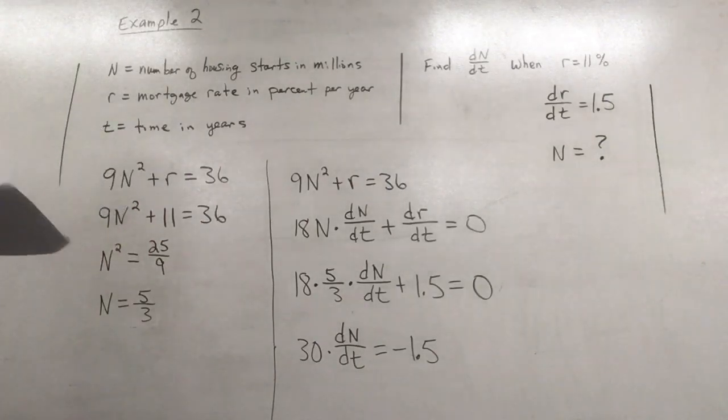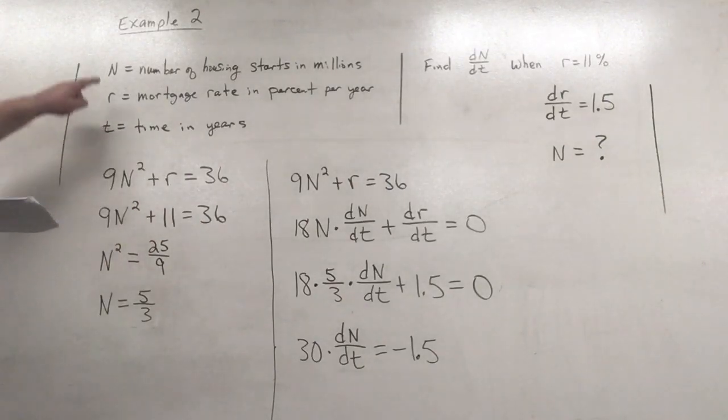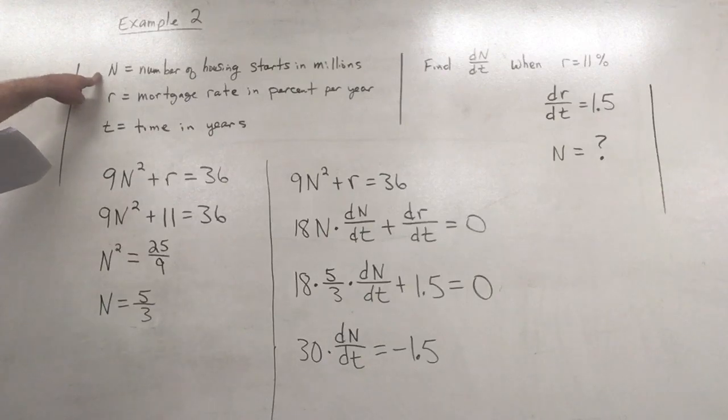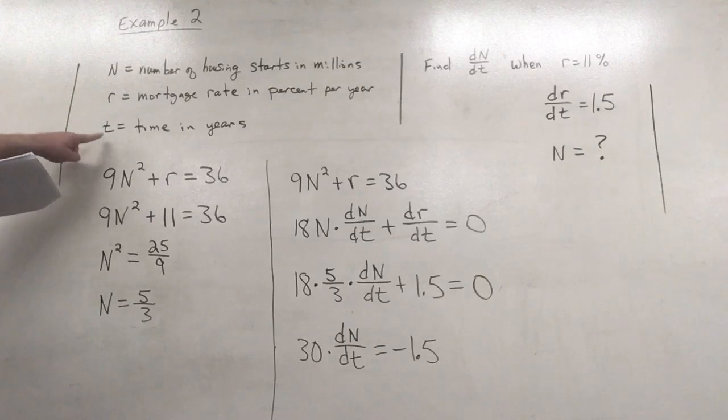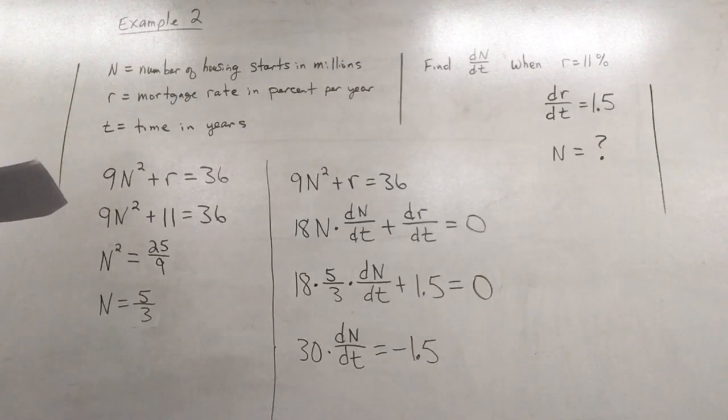So let's define the variables first. N, from the demand equation, is the number of housing starts in millions. R is the mortgage interest rate in percent per year, and t is time in years.